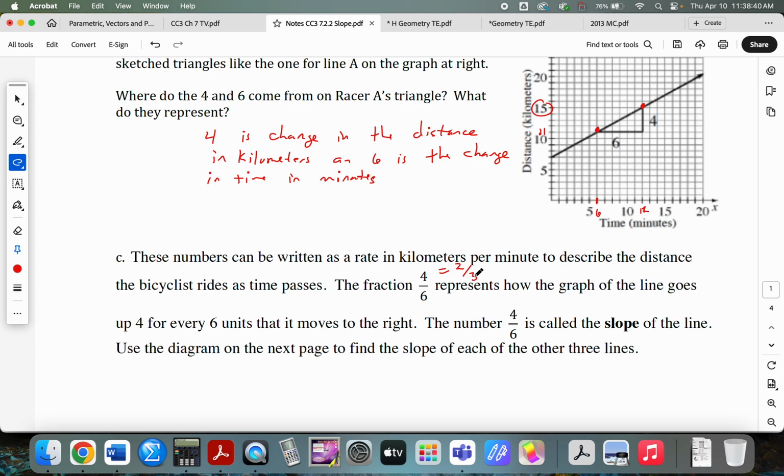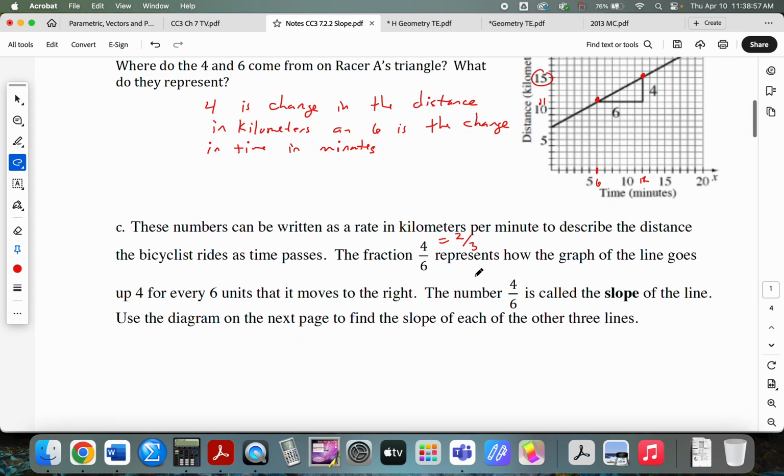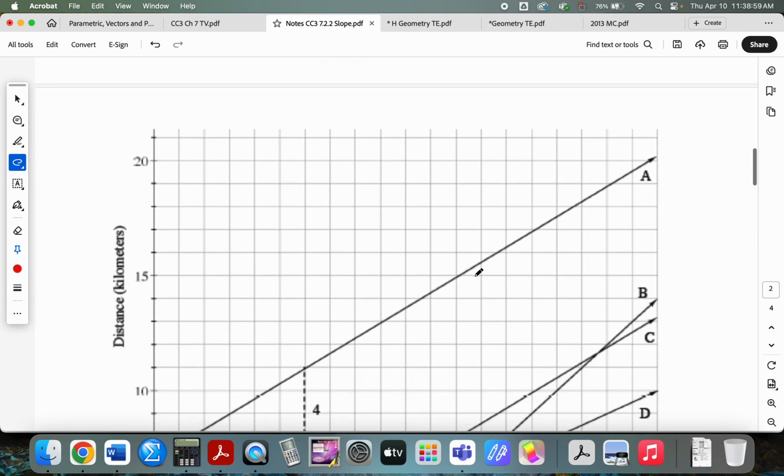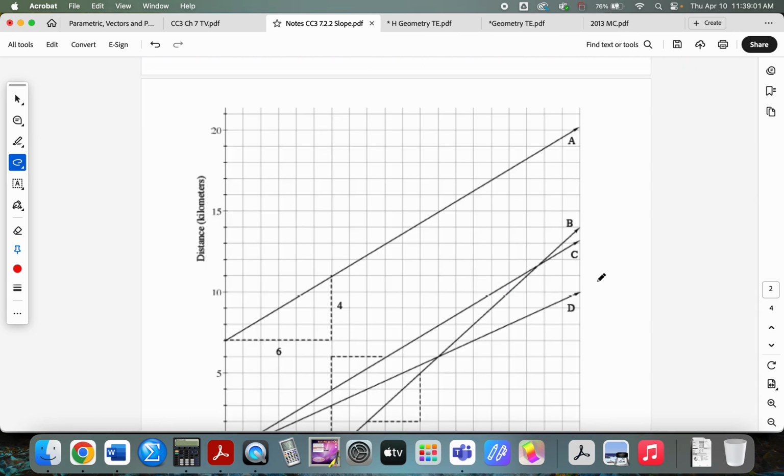Represents how the graph of the line goes up 4 for every 6 units it moves to the right. The number 4/6, which I would definitely at this point reduce, is called the slope of the line. So, use the diagram on the next page to find the slope of each of the other 3 lines. So you've got this.